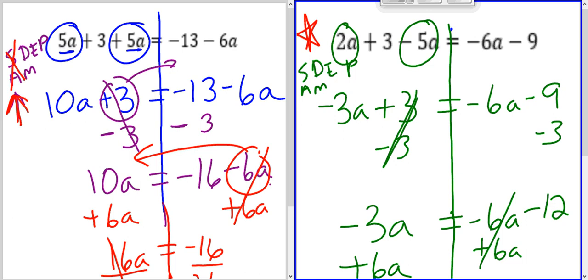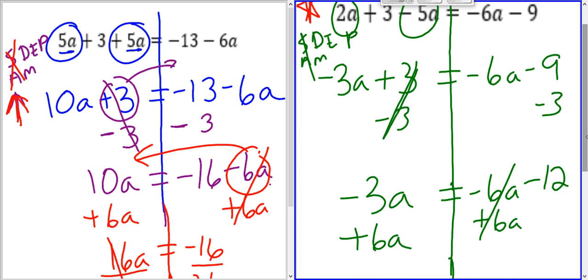So hopefully you paused it. I went through and worked out the problem for you. If you combine like terms, you get negative 3a plus 3 equals negative 6a minus 9. Then use your SADMEP to solve it. First subtract 3 from both sides. That takes care of addition and subtraction. So you get negative 3a equals negative 6a minus 12. But there's still addition and subtraction left in the problem.